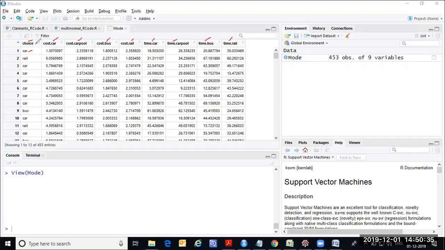So how many classes we have in this output variable, choice? 4, right? It's categorical data. It's more than 2 categories. So that's why we need to resort to multinomial logistic regression.